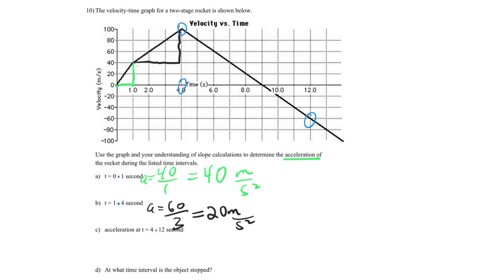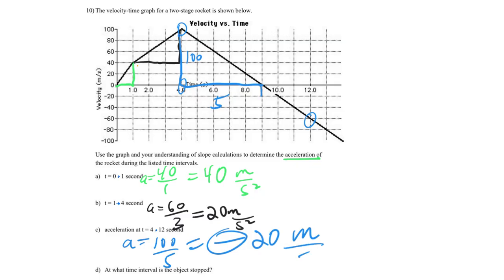I can just do a part of it, like this much of it. So the rise is 100, and the run is 9 minus 4 is 5. So this would be 100 divided by 5. But you gotta put the negative in because it's going downhill.